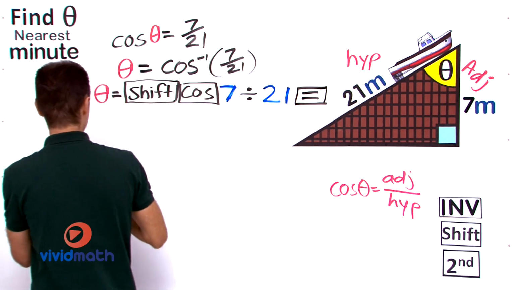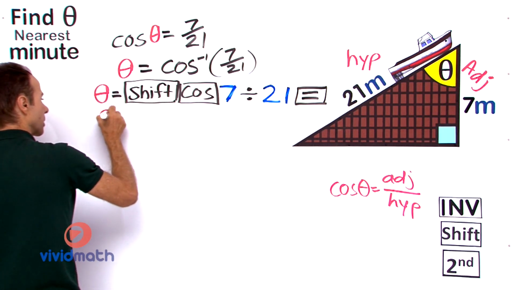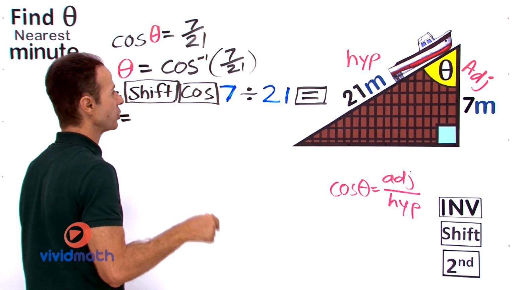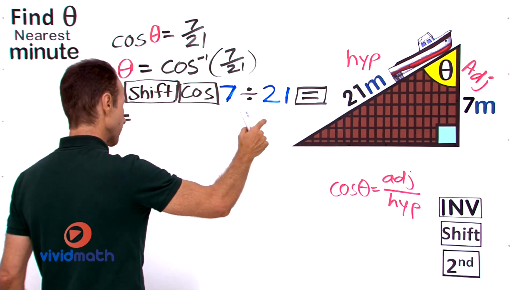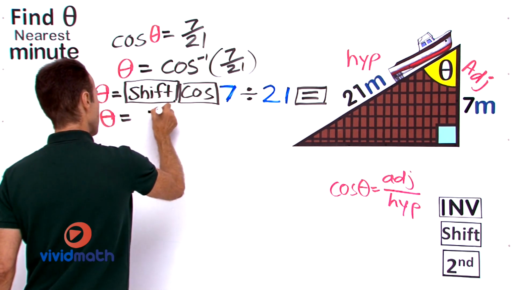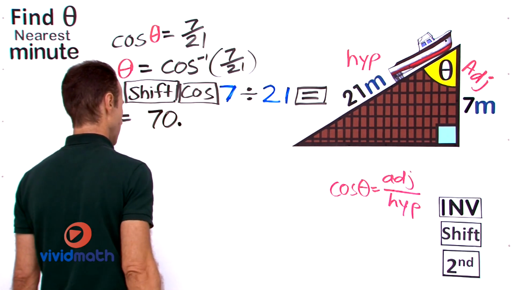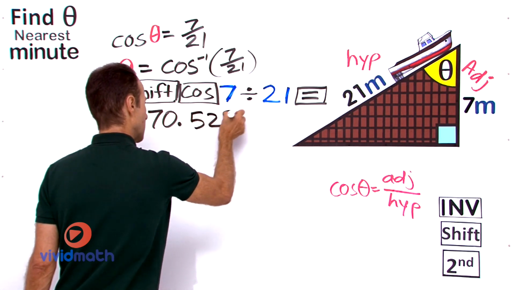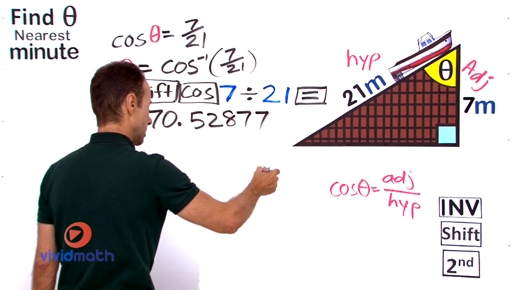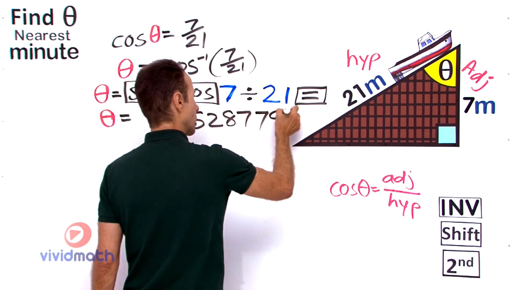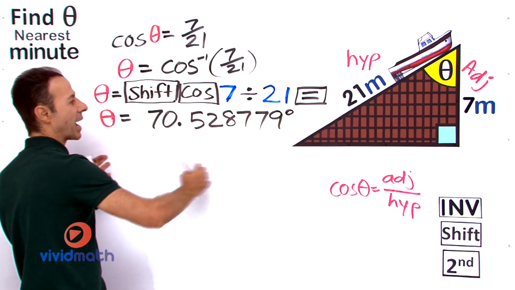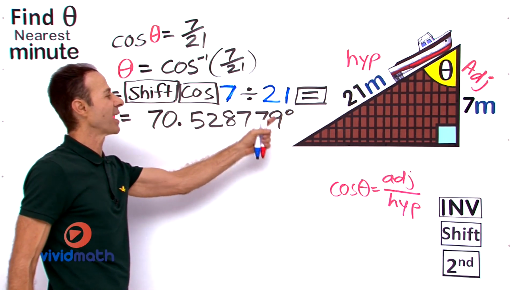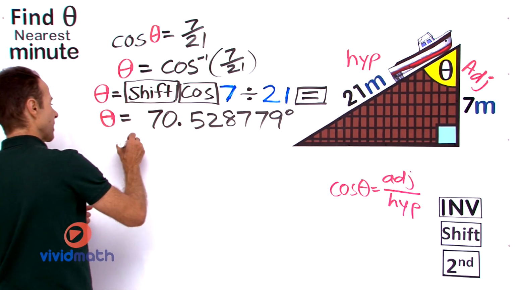That's going to give a decimal degree of 70.528779 degrees. So theta, the angle.